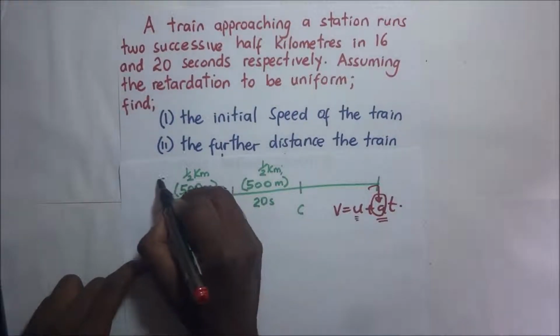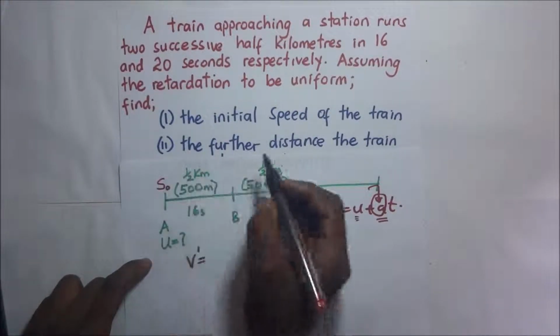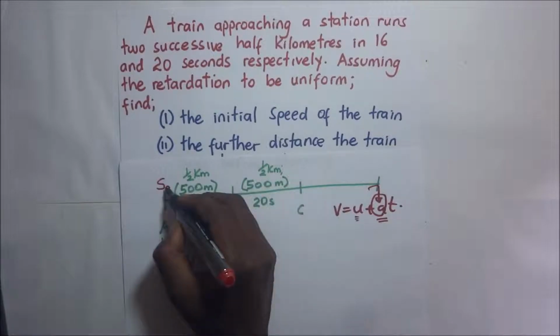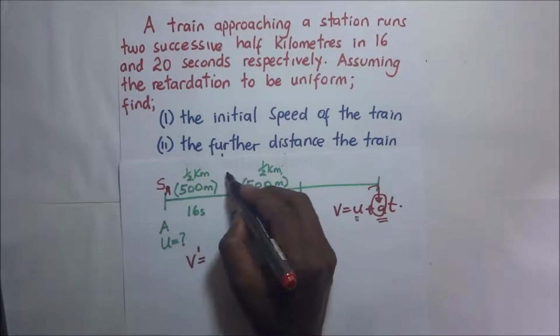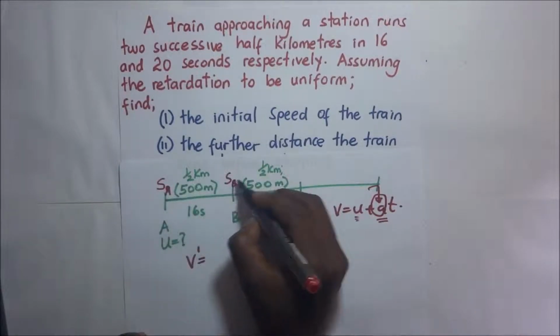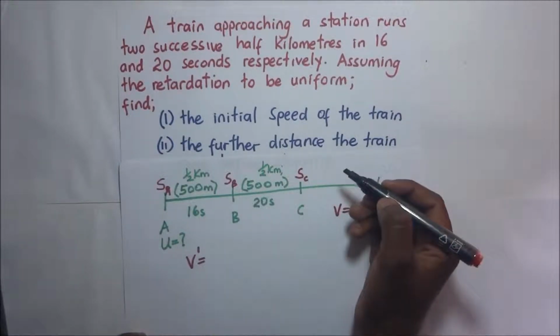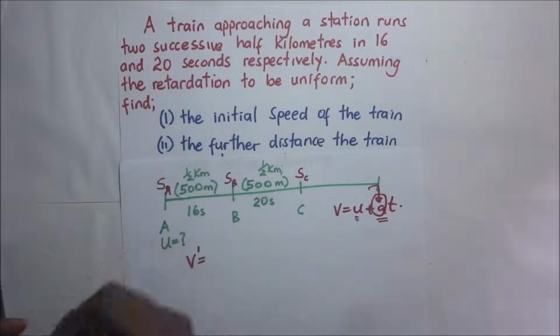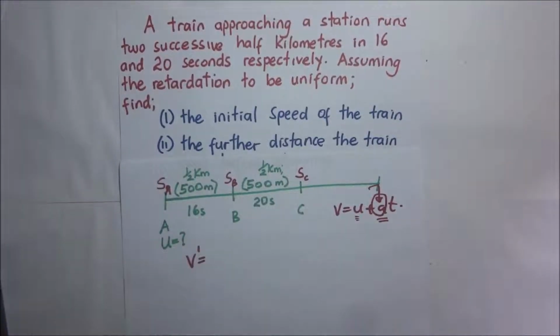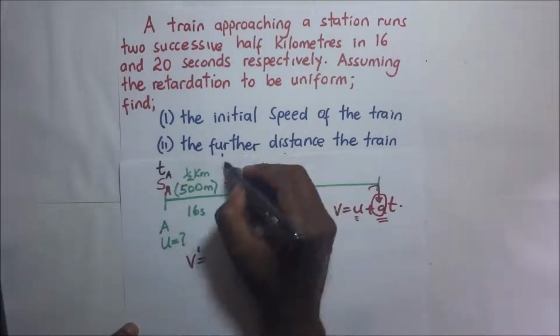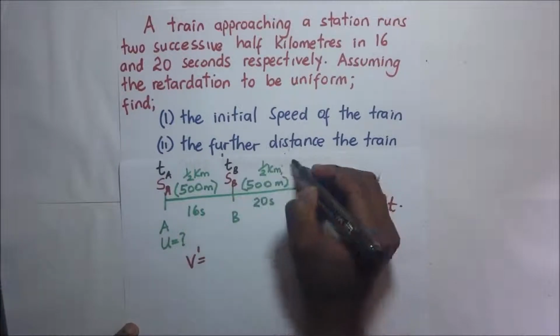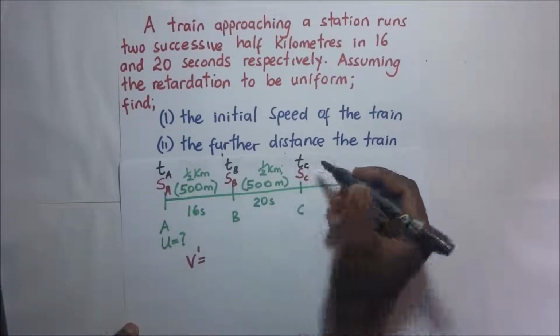If this is displacement at 0, let's call it s naught, or s at A, then this is the displacement at point B, then this is the displacement at point C. Then the time taken: this is the time at point A, this is the time at point B, this is the time at point C.